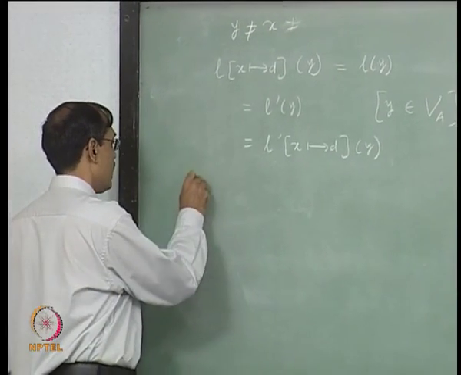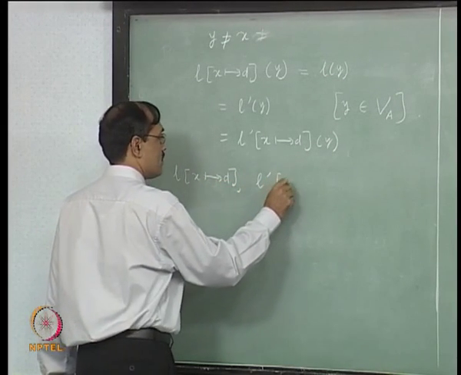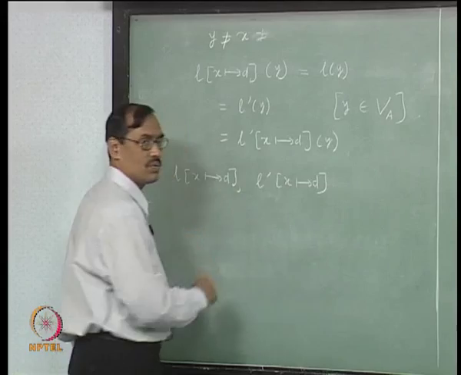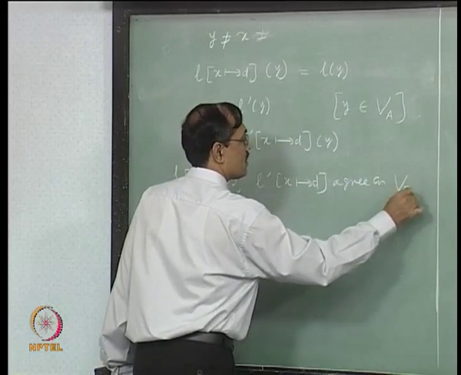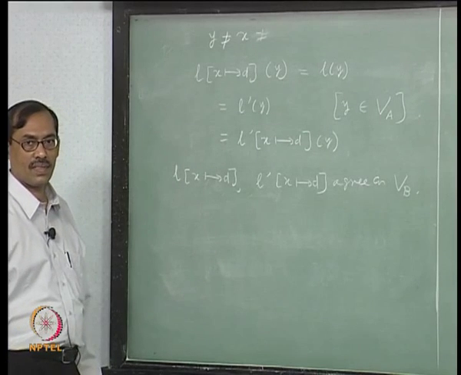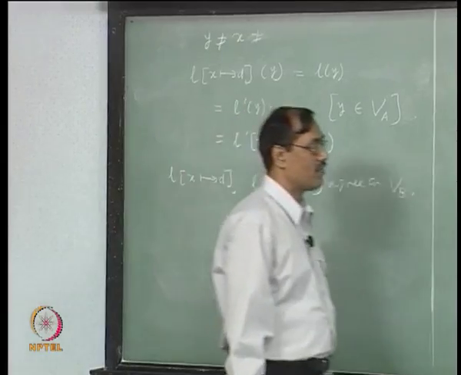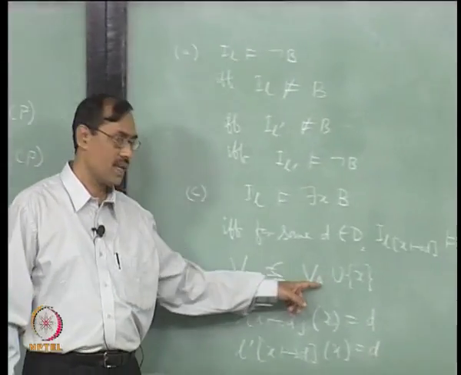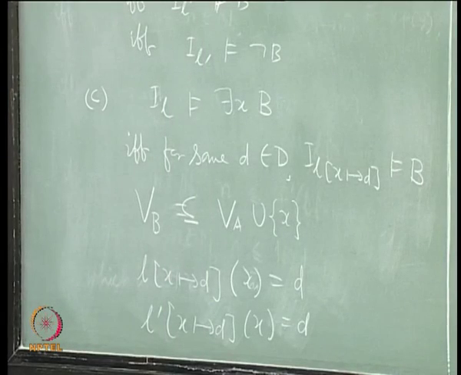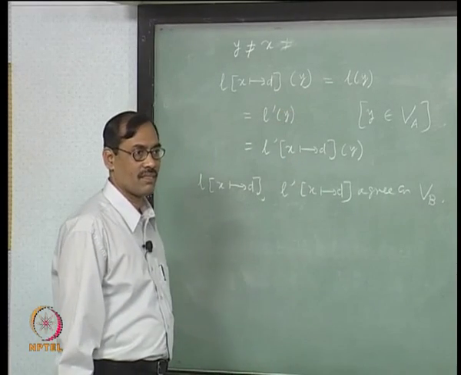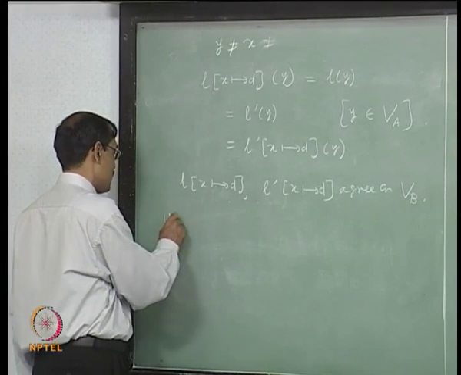So, that means L x fixed to d and L prime x fixed to d, these two valuations agree on V B, right, on V B, because in V B you can have free variables from A or x, x we have verified, and free variables of A are here which are not x. Is that okay? So, these two valuations agree. Then use the induction hypothesis here.